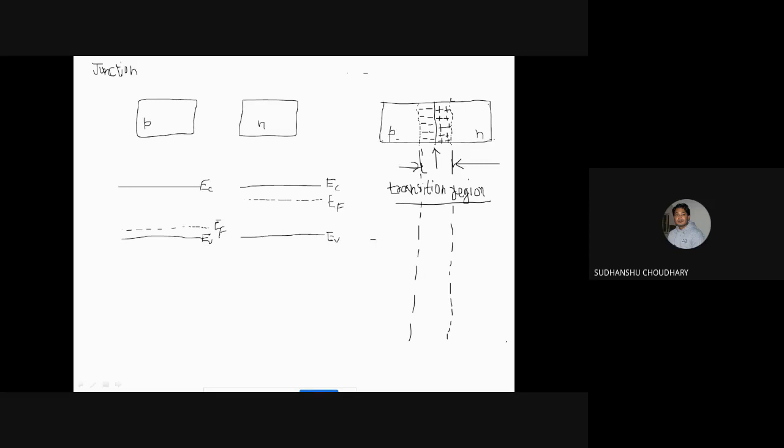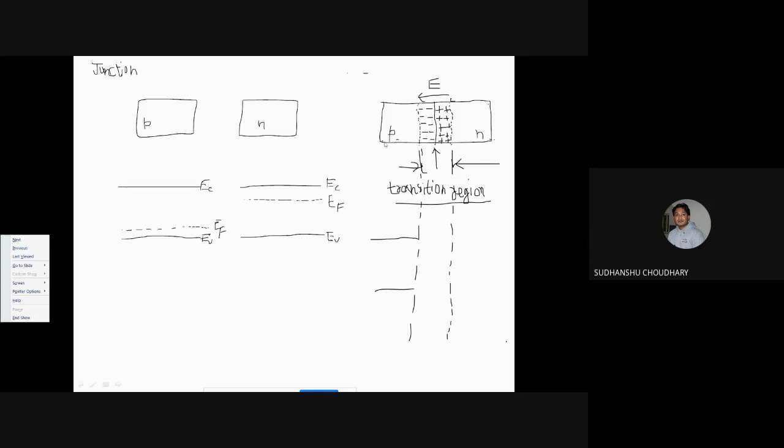Okay. So these two energy band diagrams. Since I have electric field only in this region, that means I have a potential gradient only in this region. So the P and N regions, that is these two regions, do not have any electric field. So that means the potential across P and N should both be constant.